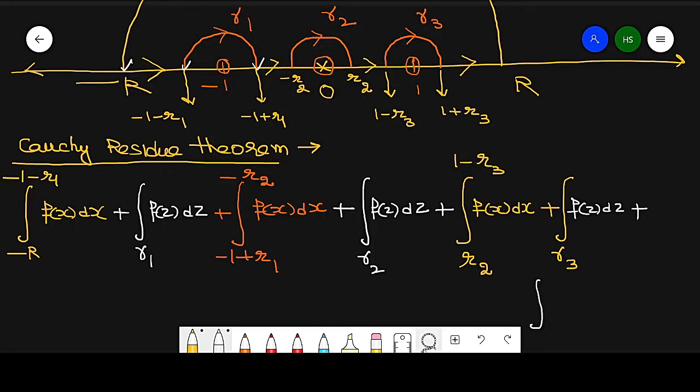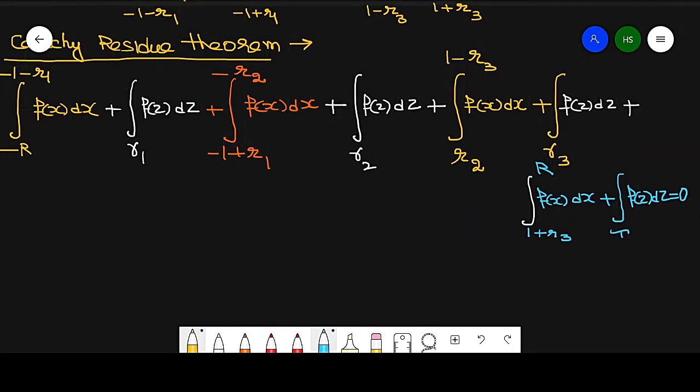It is from 1 plus R3 to capital R. So the integral of f(x) dx plus the integration over the circle tau of f(z) dz, and the total is equal to 0, because this function is analytic.